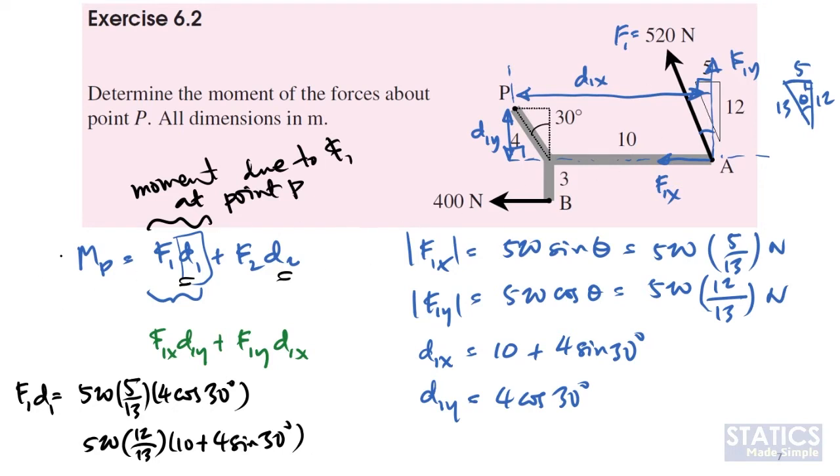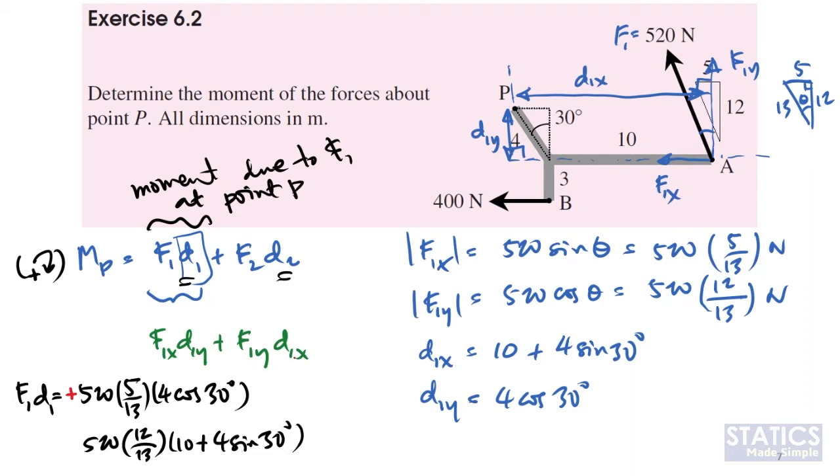To make it simple for us to determine the direction of moment later on, we assume a certain positive direction. Let's say we assume that the direction of moment is positive clockwise. So f1x will cause a clockwise rotation about point P. So the sign here is positive for f1x times d1y.